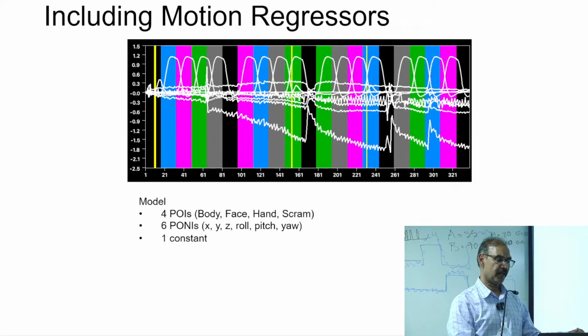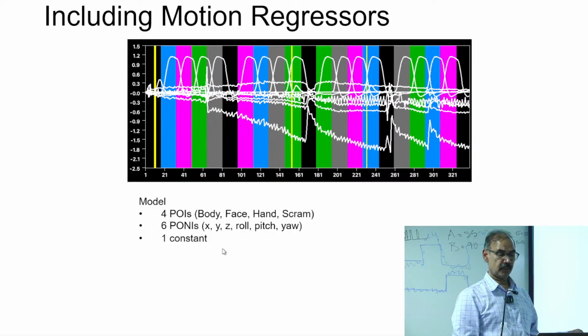So in this case, you have 4 predictors of interest and 6 predictors of no interest, plus a constant, right?